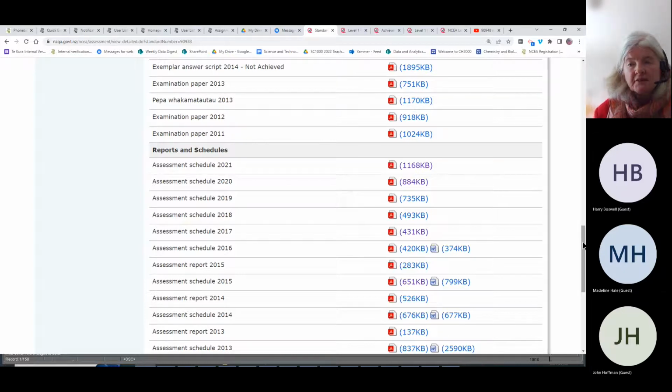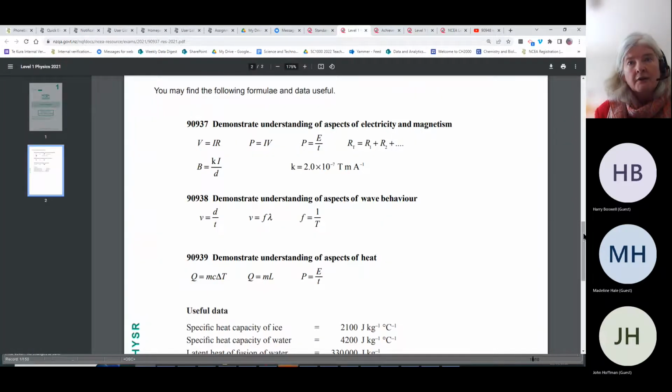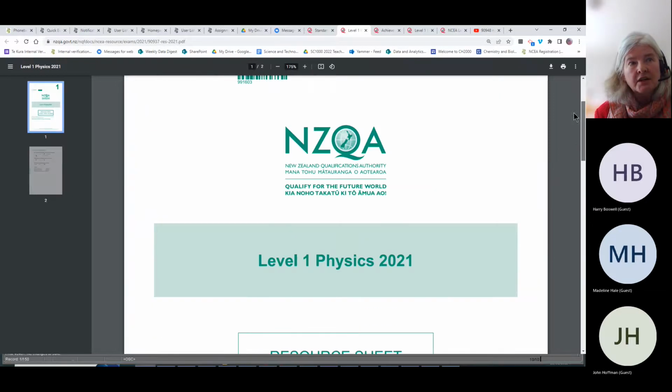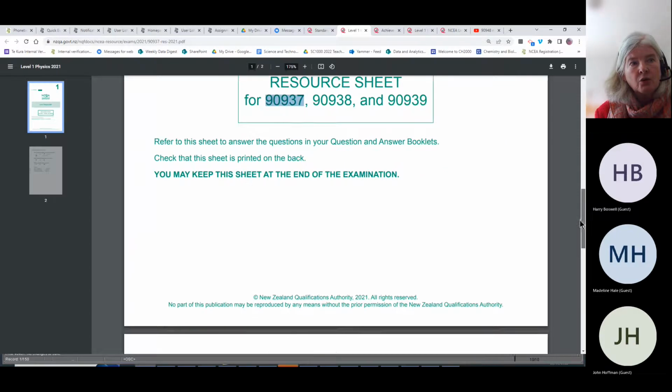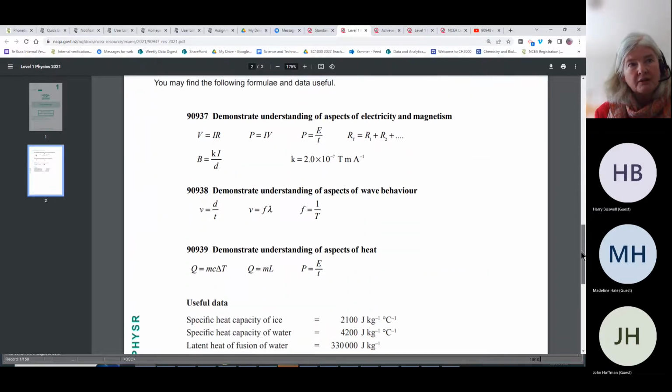You will also be given a resource booklet, which I've shown over here. If you want to access this one, you need to just Google the 90937, because that's where they show the resource booklet. They don't show it with the 38 or the 39. But as you can see, it does cover all the formulae.